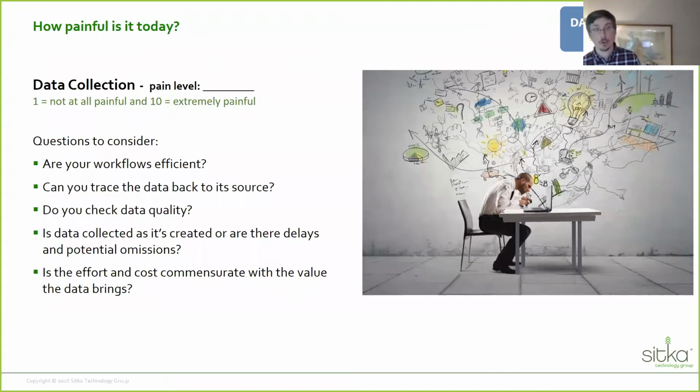Do you check data quality regularly? Or do you get to the end of the quarter, and when you're under a deadline, figure out that the data is not clean enough for you to include in the report? Or you have to write a big caveat at the bottom of the report. So think about these questions. I won't embarrass anybody today asking for scores, but yeah, write down your score 1 to 10 here.